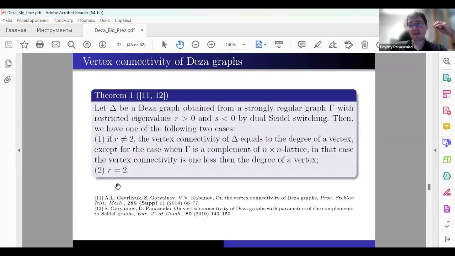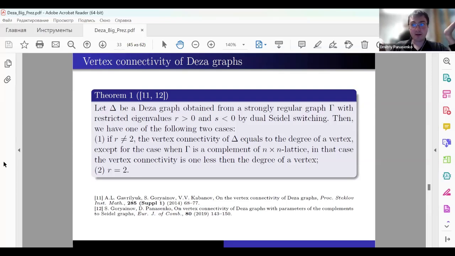By n times n lattice, I mean a graph where the rows of this lattice are cliques, and the columns of this lattice are also cliques. Basically, this graph we will call the n times n lattice. And in this case, the vertex connectivity is 1 less than the degree of the vertex.